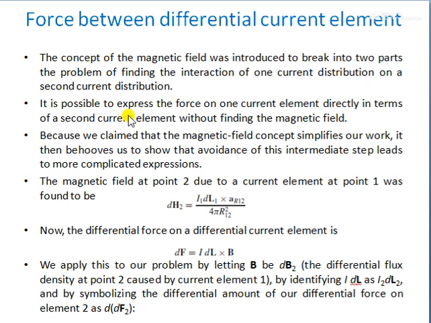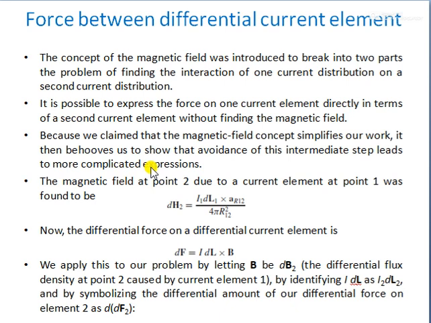It is possible to express the force on a current element directly in terms of the second current element without finding the magnetic field. Because we claimed that the magnetic field concept simplifies our work, it behooves us to show that avoiding this intermediate step leads to a more complicated expression.